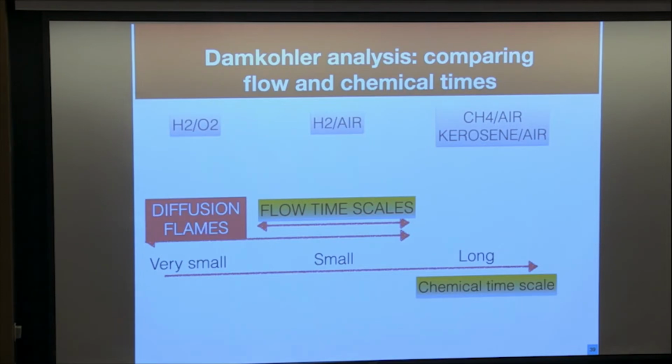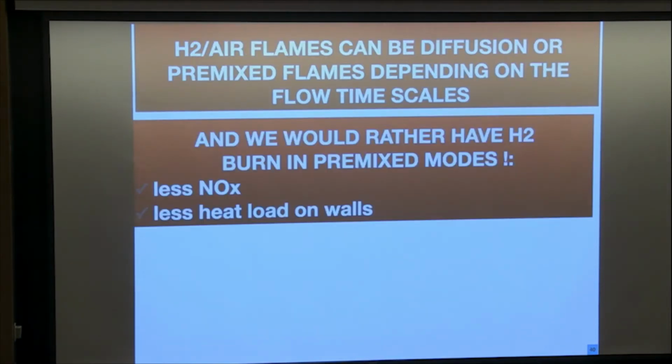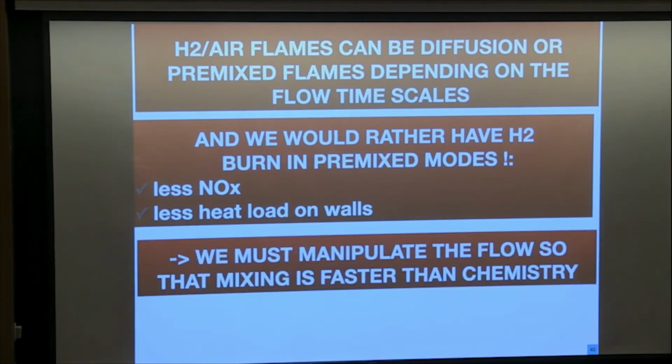While on the other hand, here, H2/O2 goes so fast compared to the flow that you have diffusion flames. And the problem for H2/air is that they are just in the middle. You can have premixed and diffusion just here, and I will give you an example in a minute. So we don't want to work in a diffusion flame, so we need to manipulate the flow now, and this is a direct indication that we need to change the engine, or at least the injection systems.